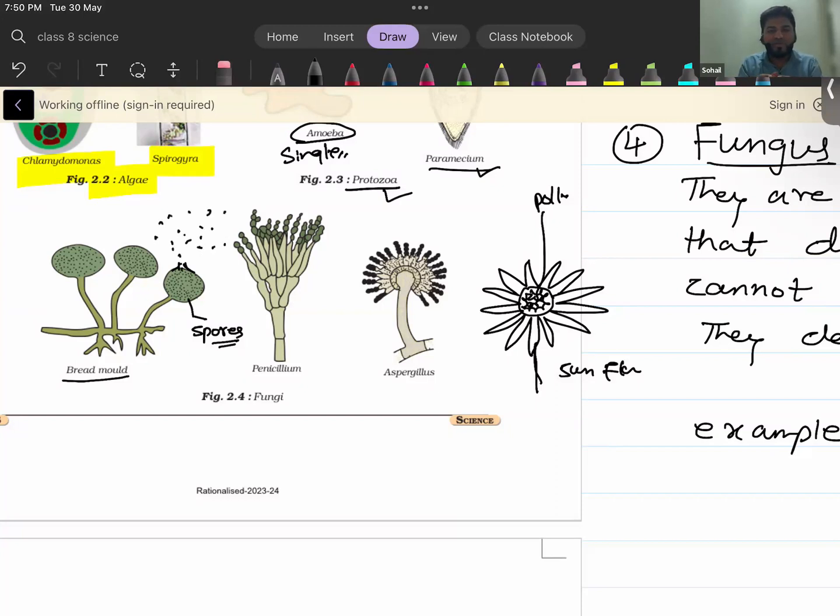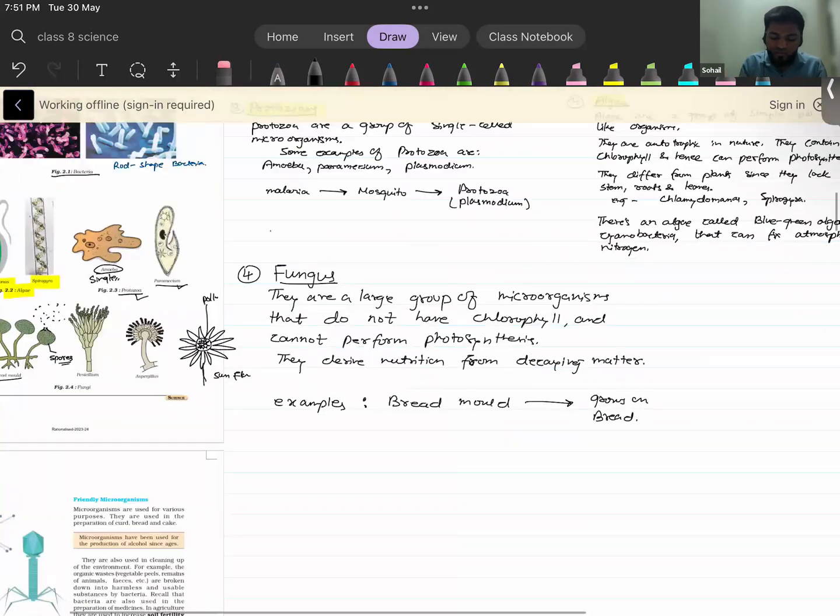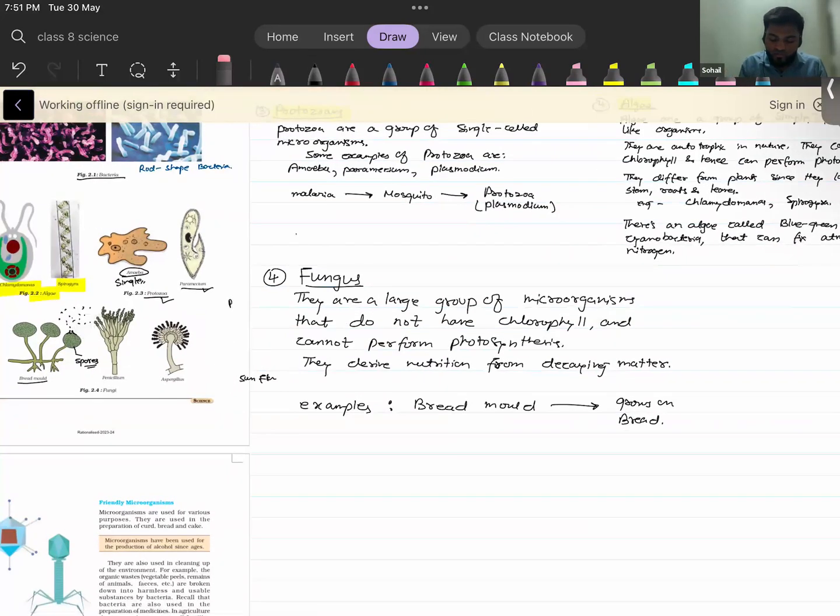Whatever food is present in that area, these spores will land on that food and contaminate it. It will start growing there, right? Yes, sir. So that is how bread mold grows.